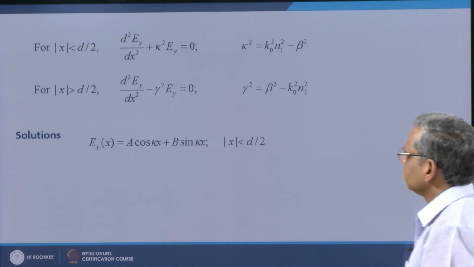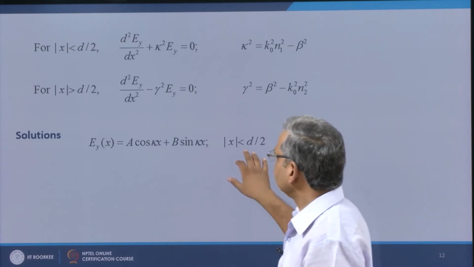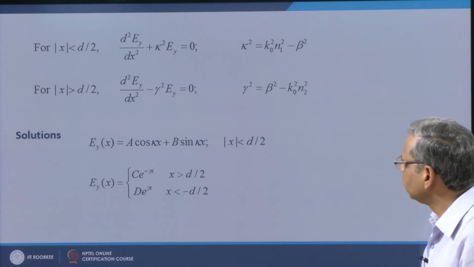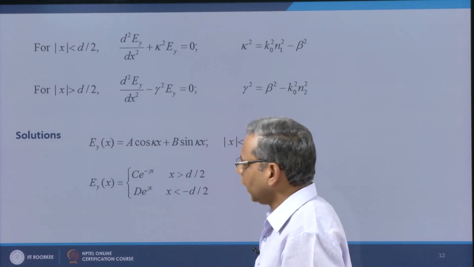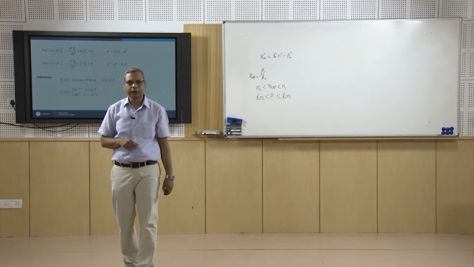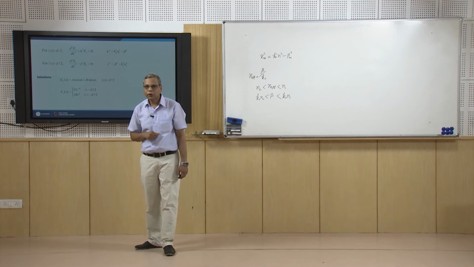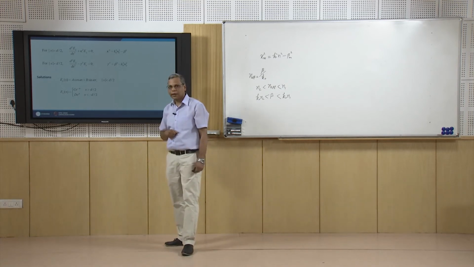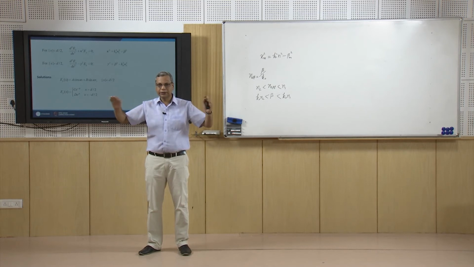So, if I write the solutions in the regions mod x less than d by 2 and mod x greater than d by 2, I find that in this region it is oscillatory solution, a cosine kappa x plus b sine kappa x, and in the region mod x greater than d by 2 I have exponentially amplifying and decaying solutions, but out of these two solutions I retain only the exponentially decaying solution, and not the exponentially amplifying solution, because I want a solution which gives me guided modes, and for guided modes the energy should be confined into the high index region and it should decay down as you go away from the high index region.